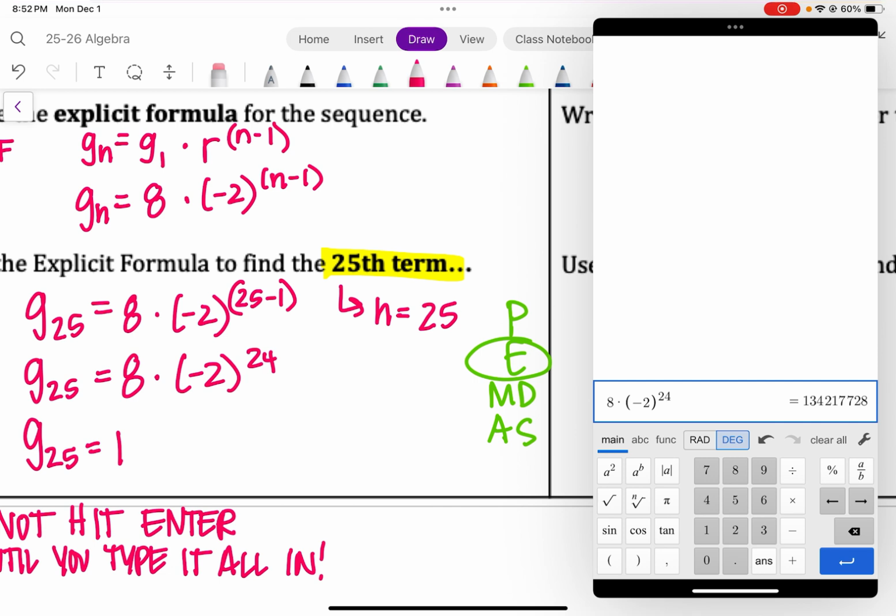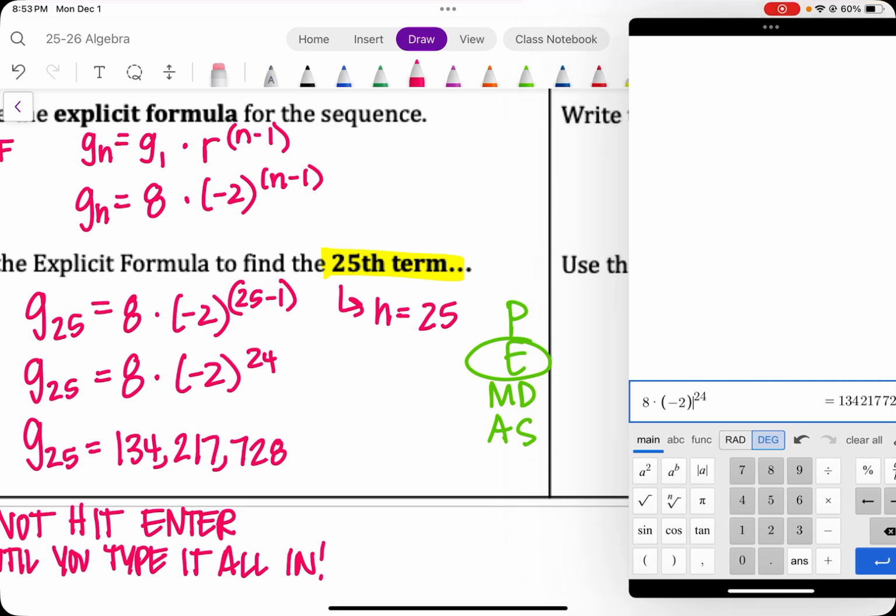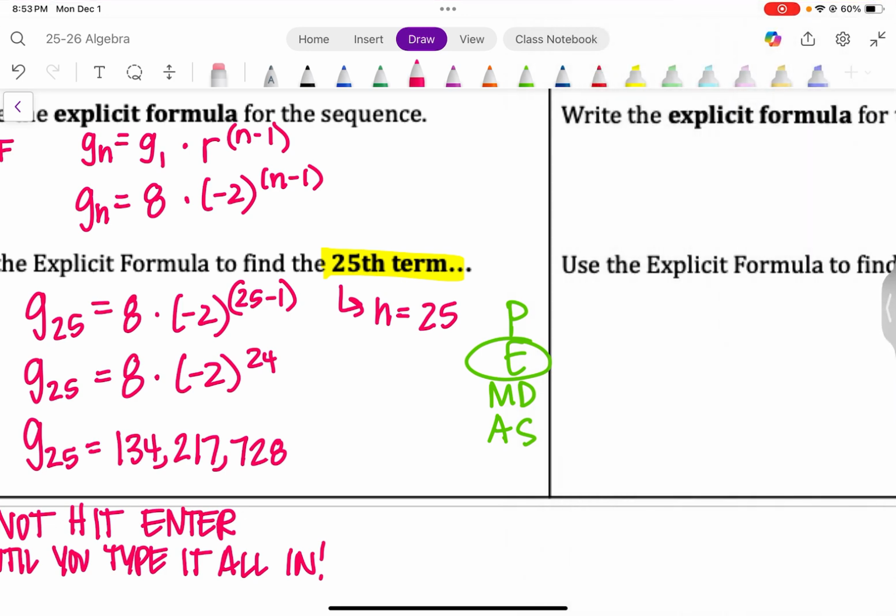That's how I knew something was up there. So make sure if your base is negative, you put that in parentheses. 134,217,728. That's a big number, but it's also raised to the 24th power, then multiplied by 8. So that explains why that number is in the hundreds of millions.